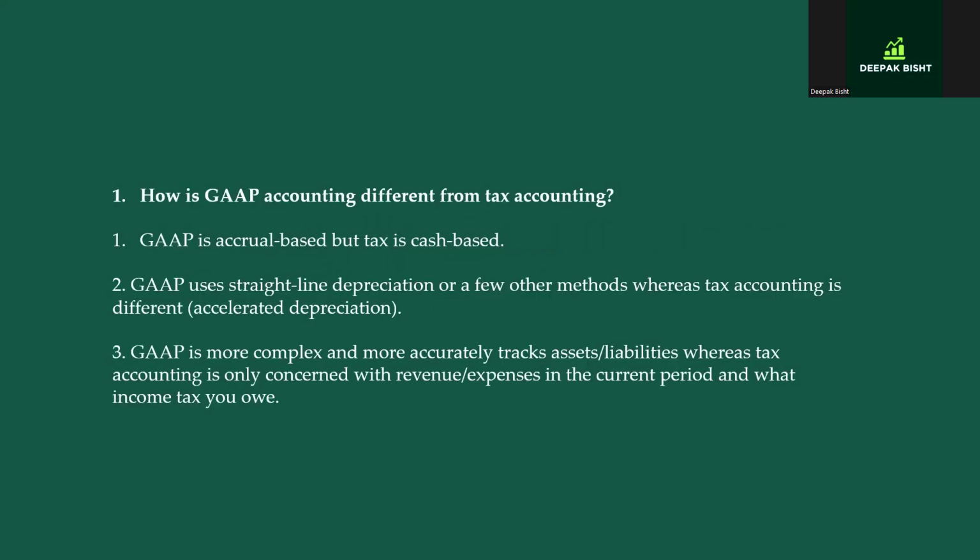So the first question is asking how GAAP accounting is different from tax accounting. If you have watched our previous videos, you know that GAAP accounting is actually accrual accounting.